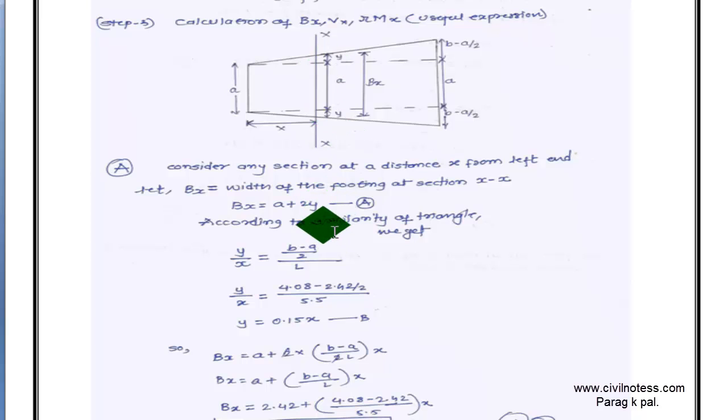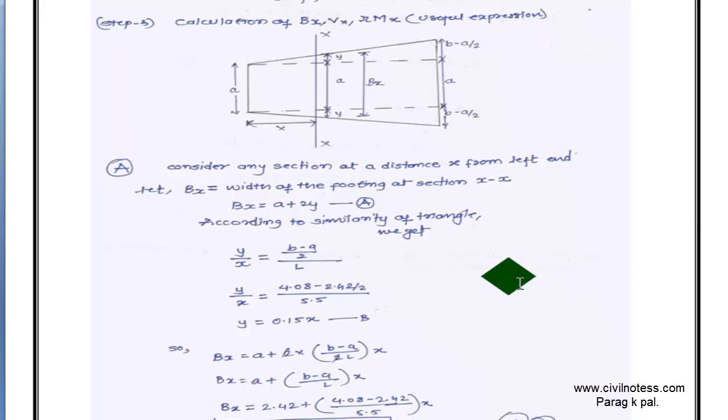Simple equation. Now you have to use the similarity of triangles to calculate the value of y. By similarity of triangles, y by x is equal to (b minus a) by 2 divided by the total length l.